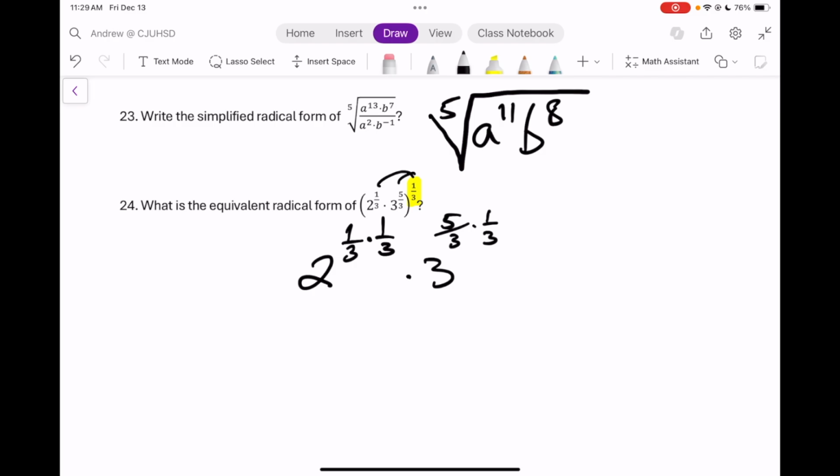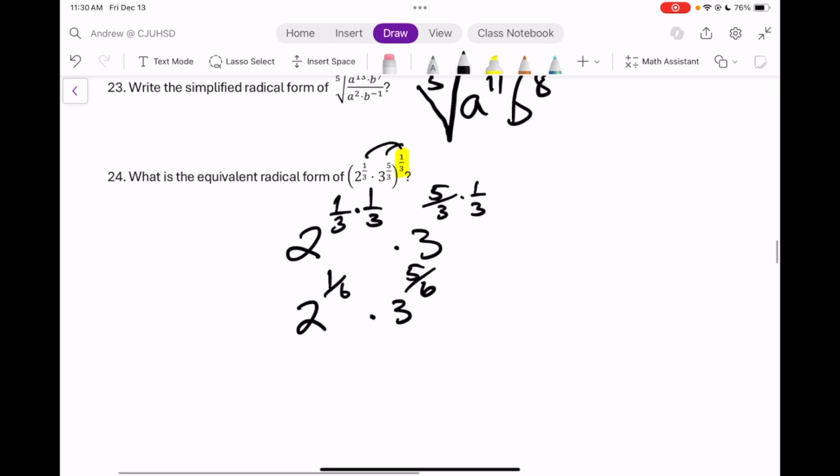Well, when you multiply fractions, you just go across the top and across the bottom. So this is 2 to the 1/6 times 3 to the 5/6. But remember, it's radical form. So you take the denominator, and the denominator becomes the root index. So the 6th root of 2 and 3 to the 5th power.